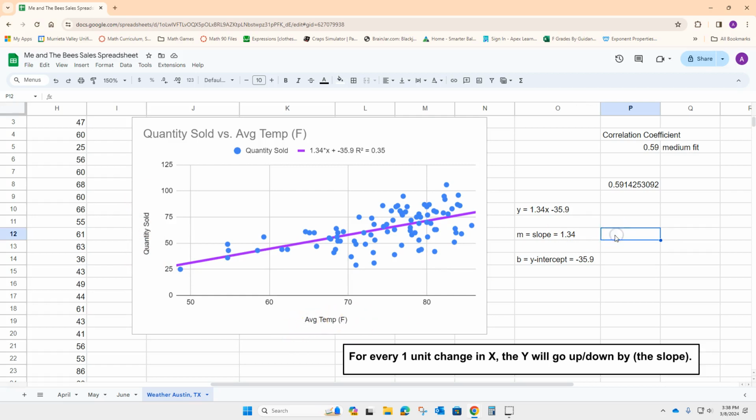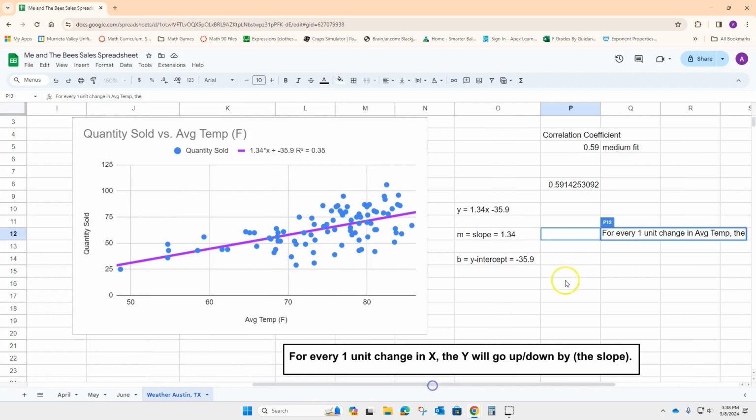Okay, let me type that out so you can see that a little better for this problem. For every 1 unit change in, what's x? Average temperature. The y, what's y in this problem? Quantity sold.